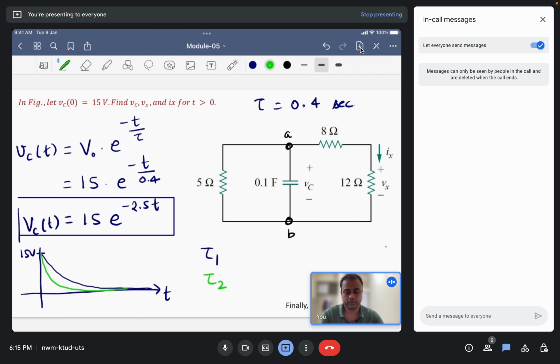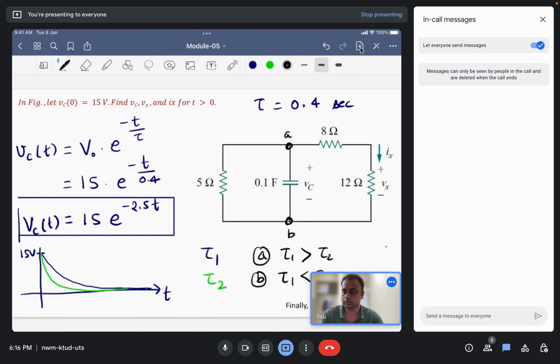So which will be higher? Tau 1 will be higher or tau 2 will be higher? Please write your answer. Option A is tau 1 is greater than tau 2, option B is tau 1 less than tau 2.